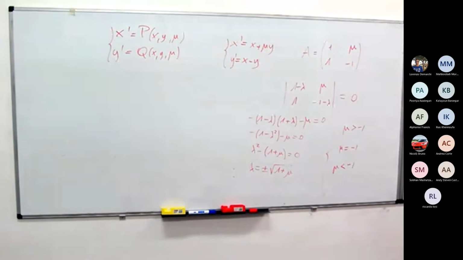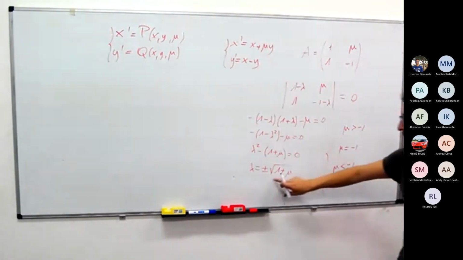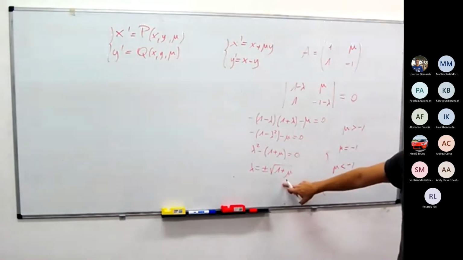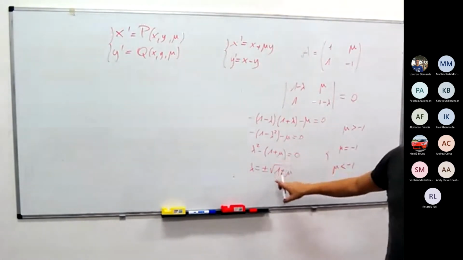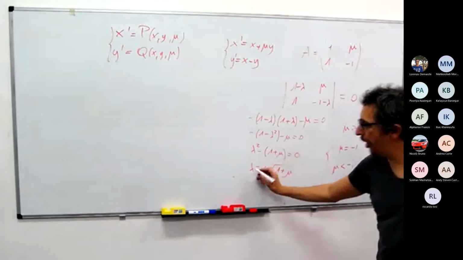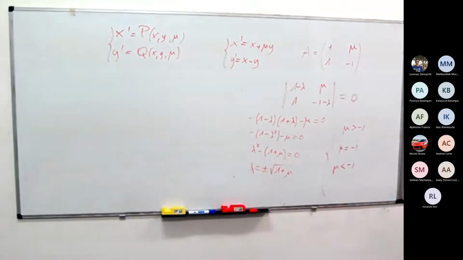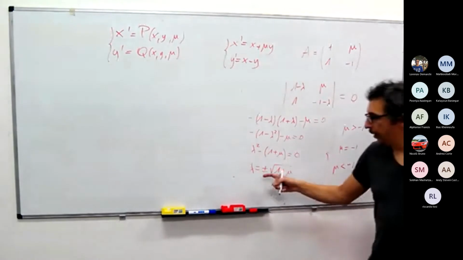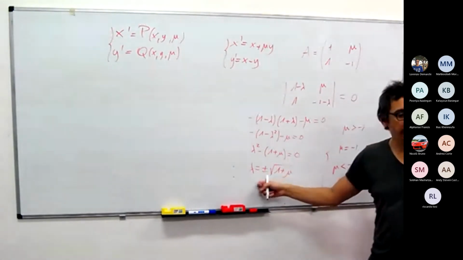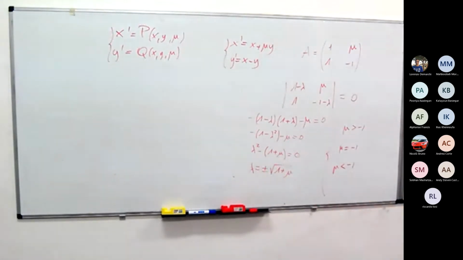Now, if mu is larger than minus 1, here I have the square root of a positive number, which is going to be some real number. So the eigenvalues will be two real distinct eigenvalues with opposite signs, which basically means that (0, 0) is going to be a saddle.